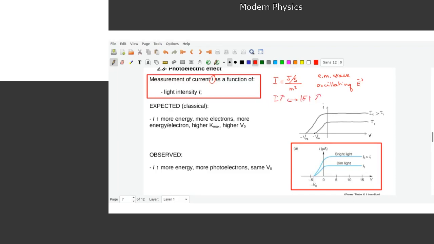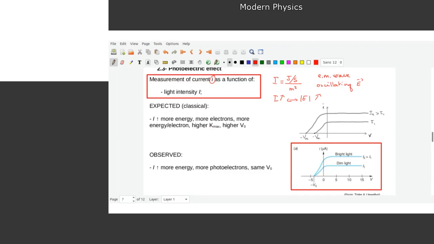So you are increasing the movement of the electrons, and so they should have a higher kinetic energy when they are emitted by the surface.